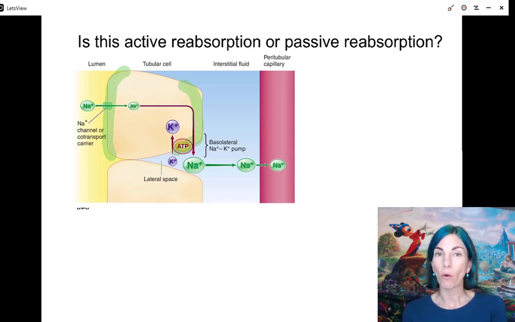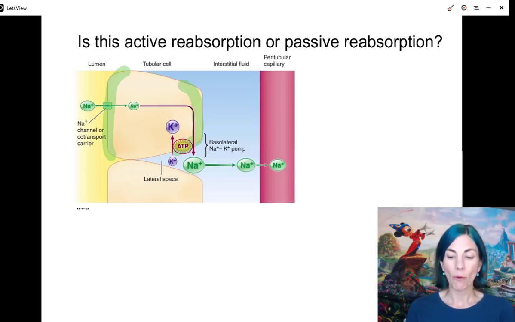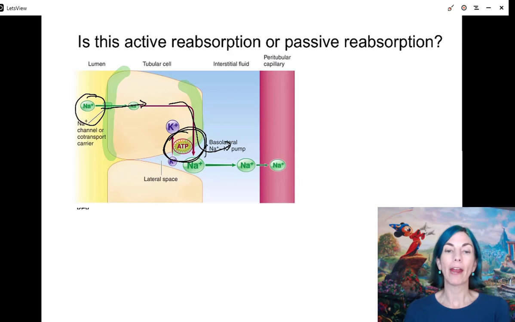You have to pay for it somewhere along its journey. In this case, sodium reabsorption comes in through a channel protein, but is kicked out actively using primary active transport with the sodium-potassium pump. So this is going to be active reabsorption because you are paying for it on one side.